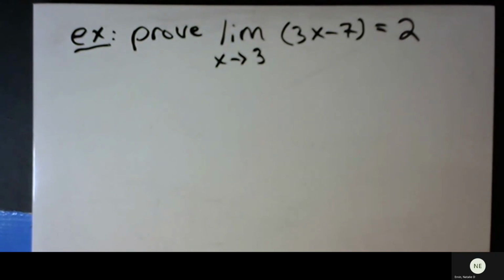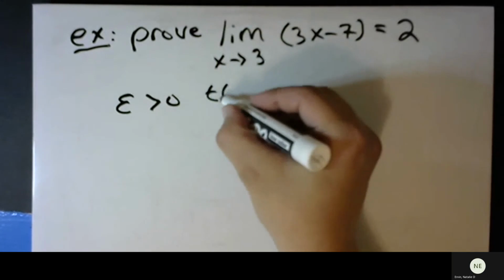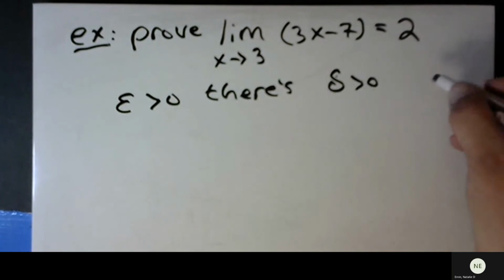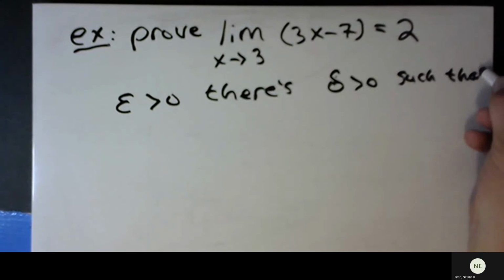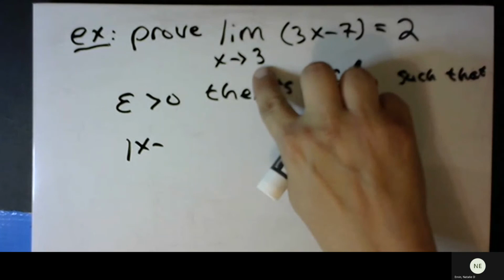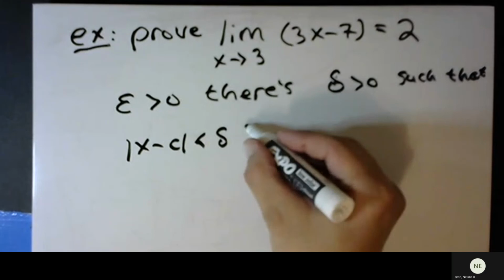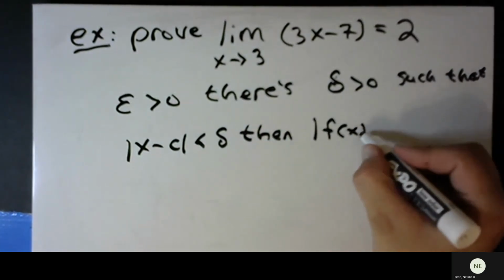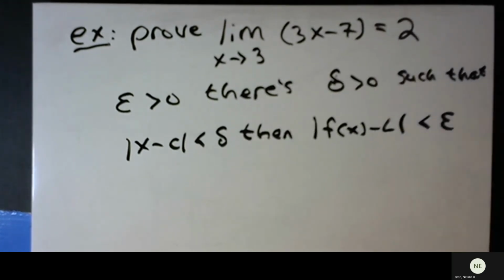If this is in fact true, then for any epsilon greater than 0, there's delta greater than 0 such that the distance from x to c, the number x is approaching, when that distance is less than delta, then the distance between f of x and the limit will be less than epsilon.